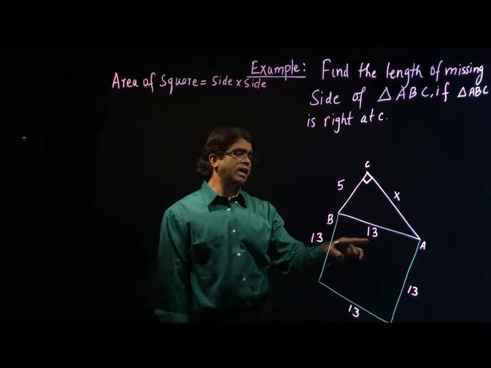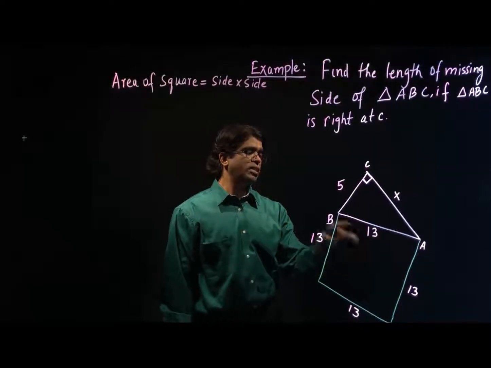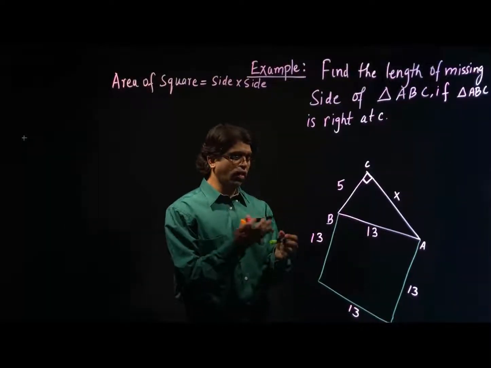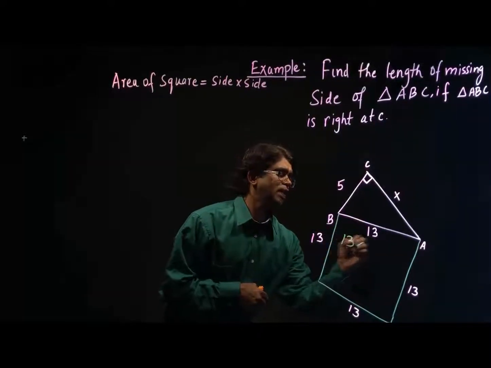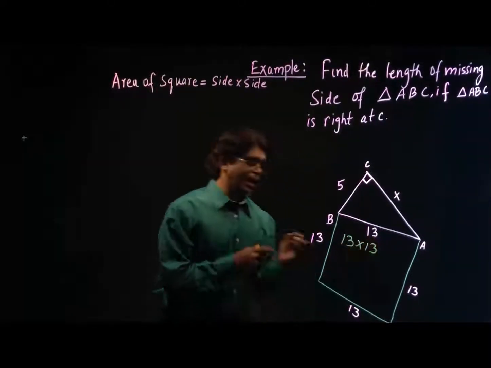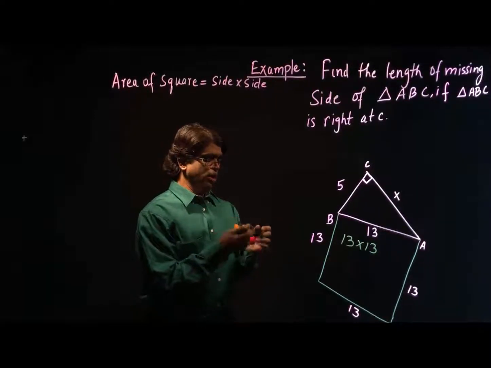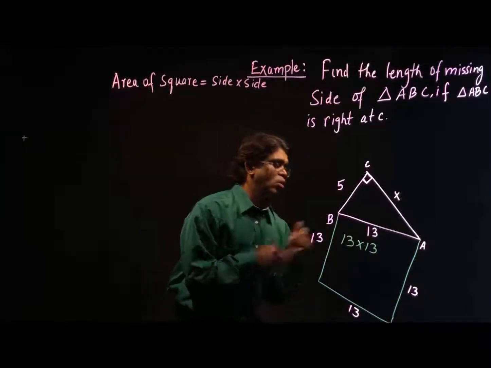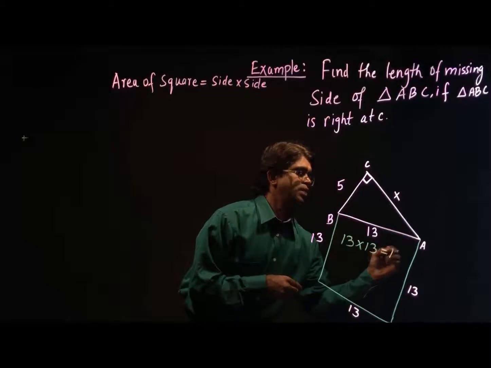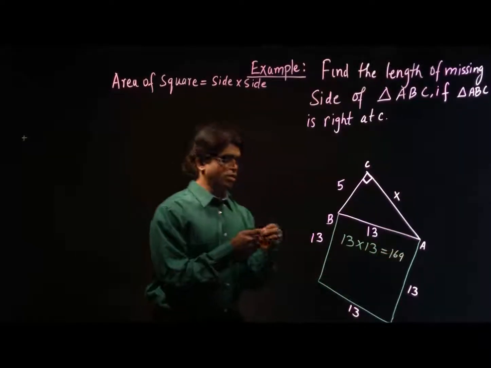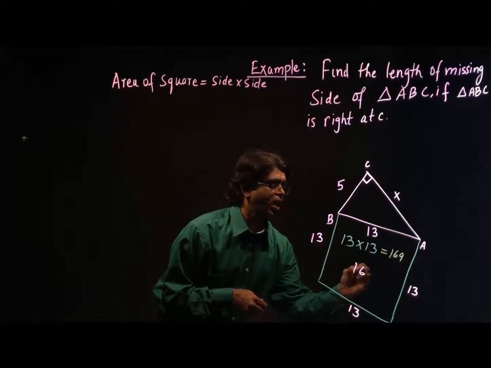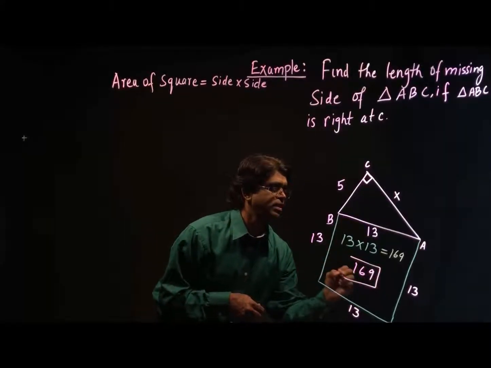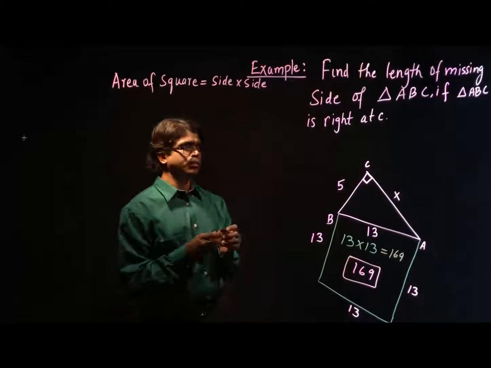The side length for this square is 13, so I will write 13 times 13, and as you guys know, 13 times 13 is 169. So basically, the area of this square will be 169 square units.